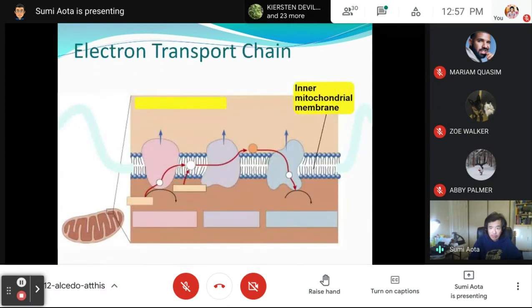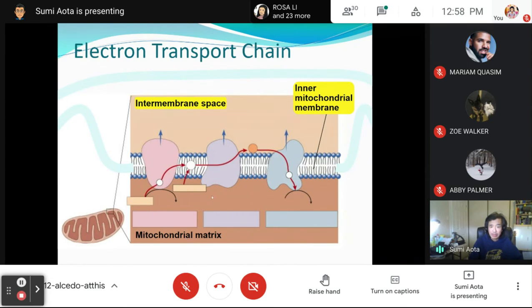If you look at this slide, we've got this light blue line here representing the cristae. This area up here is your intermembrane space. This area down here is your matrix. So the inner mitochondrial membrane is there, the intermembrane space, the mitochondrial matrix.